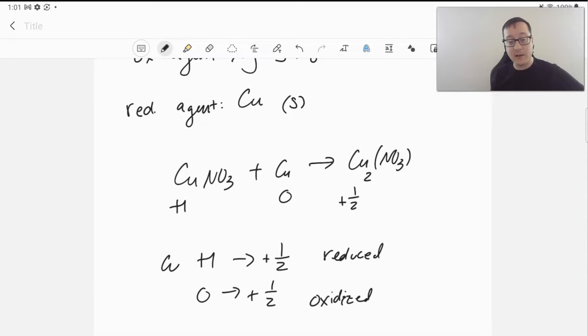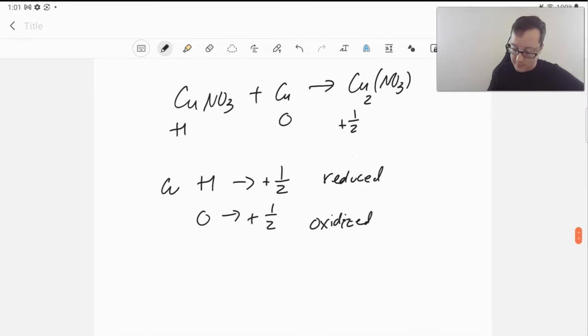It can happen. You can have the same element be both oxidized and reduced. It's important when you identify the agent that you report the compound or reactant correctly. So if we see the copper that is +1 here is being reduced, that's our oxidizing agent. So our oxidizing agent is copper(I) nitrate.